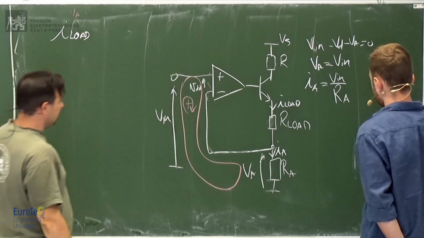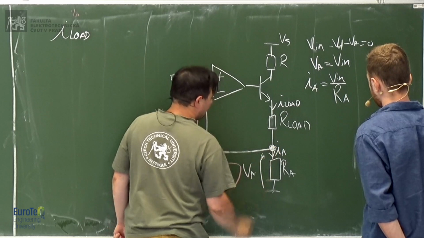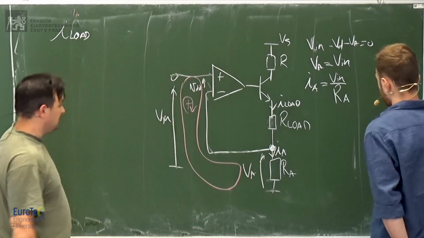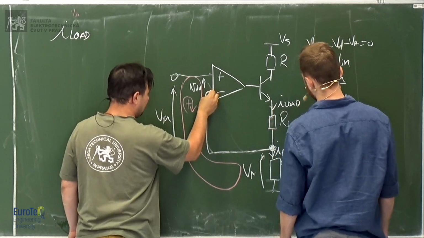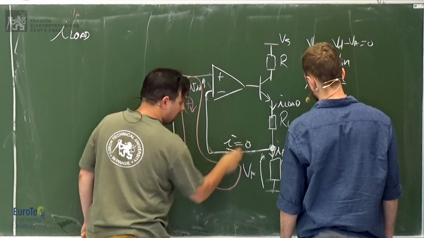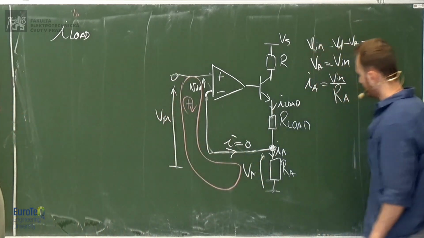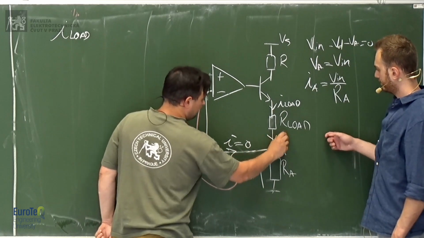Look at Kirchhoff current at this node. This current is 0. If this current is 0, this is the current of the load.